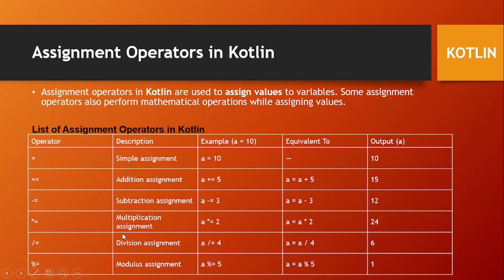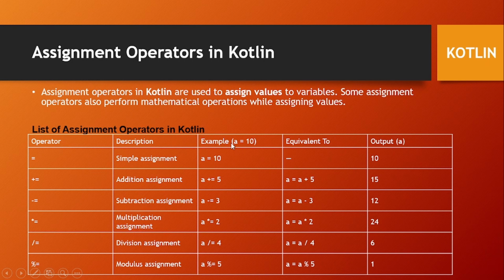For multiplication assignment, we have asterisk equal to for multiplying a new value into our variable. We also have division assignment and modulus assignment, so we can perform these mathematical operations with assignment operators.